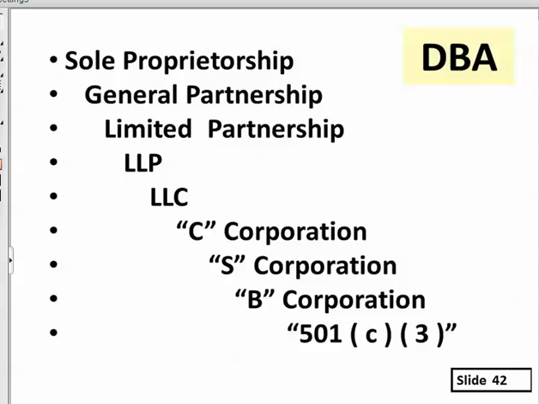Now, a couple other things you'd probably want to be aware of. We have the 501c3 corporation. What is that? That is a charity organization. It is non-profit. It's not designed to make a profit. Some students who are looking at starting a company have indicated that their company is going to help people and not charge the people for the service. Those would be 501c corps.